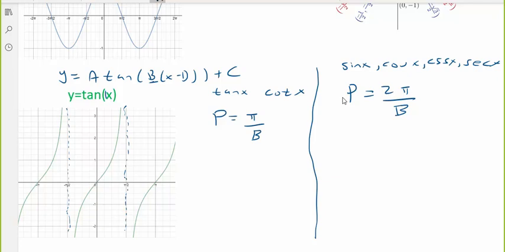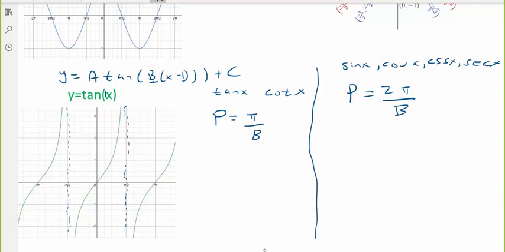It makes no sense to talk about the amplitude of tangent or cotangent or secant or cosecant. So this a value can be thought of as a vertical stretch or compression no matter what function you're talking about. But we only refer to the amplitude of sine and cosine, and amplitude is always only positive. So anyway, I just wanted to remind people where we left off.